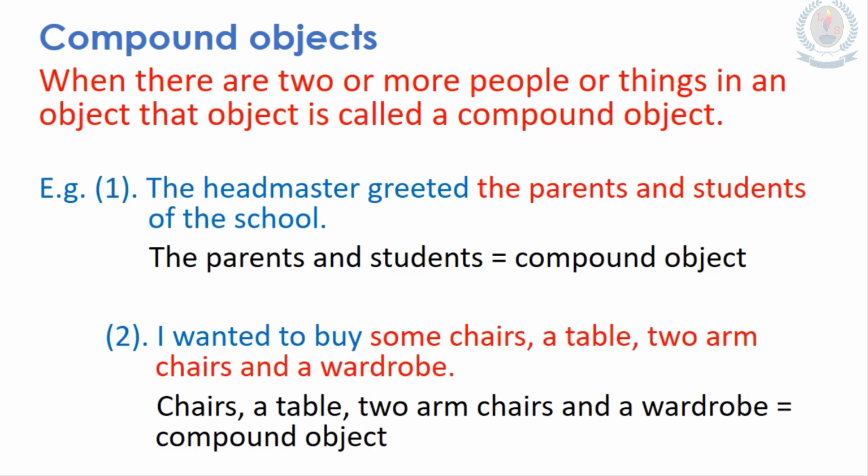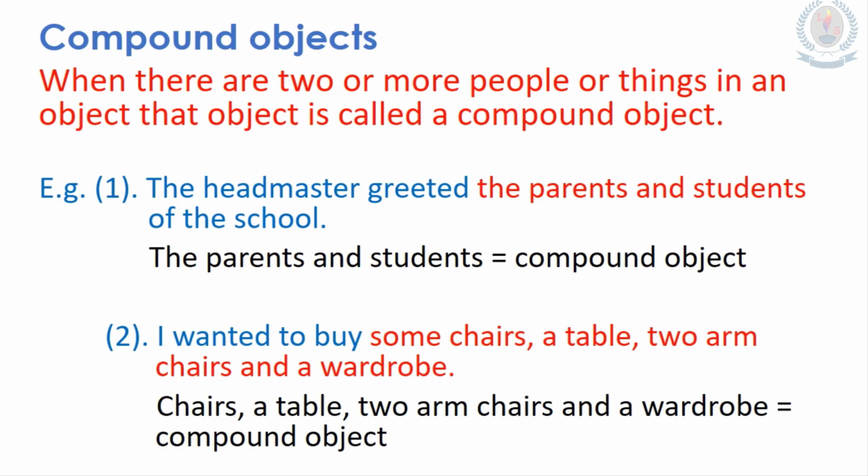When we go to the verb, greeted. Greeted whom? The parents and students of the school. There is no one person in the object. There are two, parents and students. Two words.